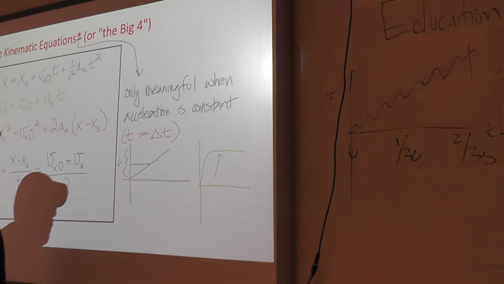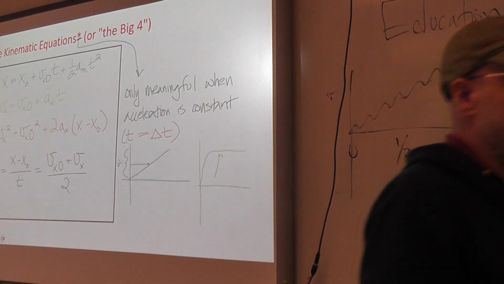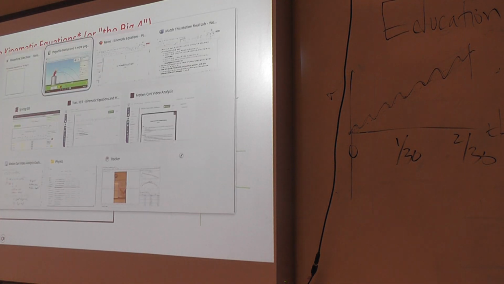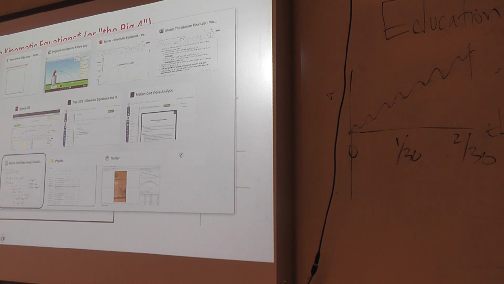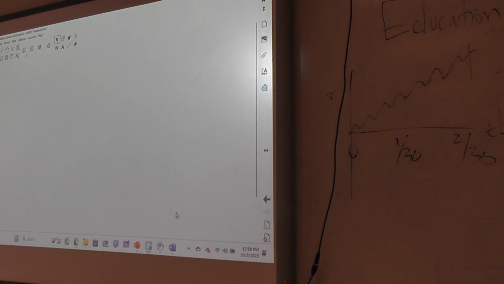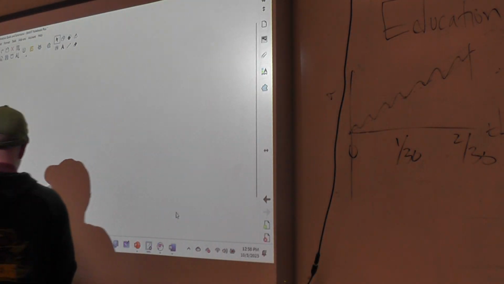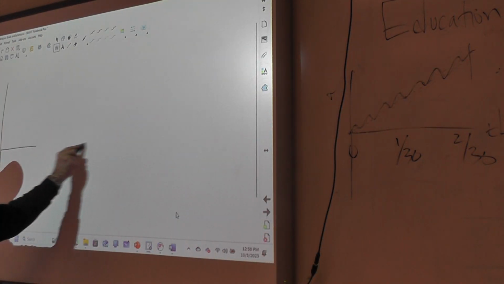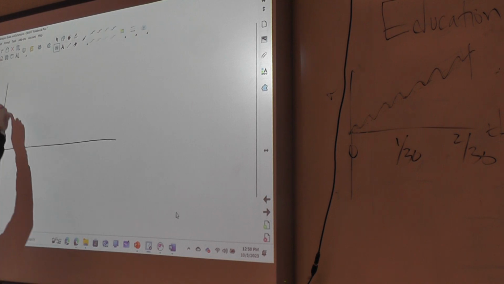Some of you were on the motion cart video analysis. Hang on, let me see if I can find something. Some of you were seeing graphs that looked like this. You made graphs. Did anybody see something that looked like this?